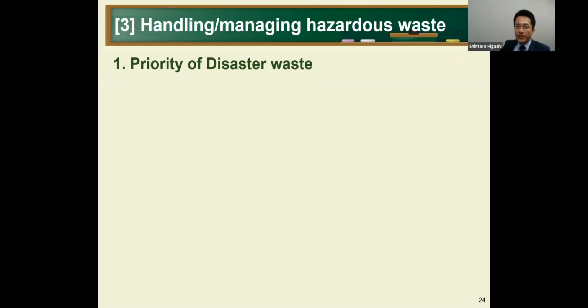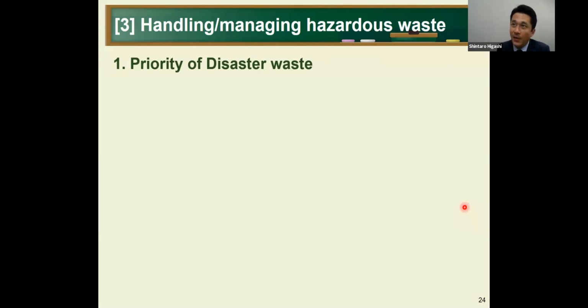Your point might be correct, but there might be other ways to prioritize. Higashi Sensei, what about infectious waste? Because I think it will definitely spread diseases to other people. That might be a good point. And maybe in the case of COVID-19, we were very anxious about managing infectious waste from hospitals or something.